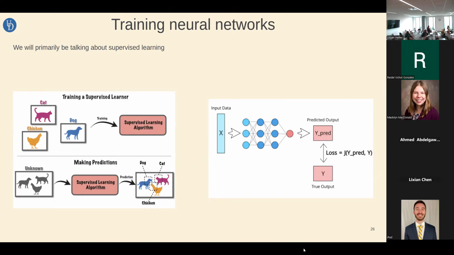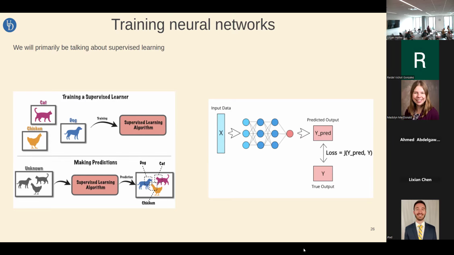And the objective there is, of course, to take some set of inputs that all map to, in the classification case, a discrete set of categories. So dog, cat, chicken in this left case. In the regression sense, it's usually a continuous number. So that is more in line with the price analogy. In either case, the supervised learning strategy typically is to input data into your neural network, get its prediction.